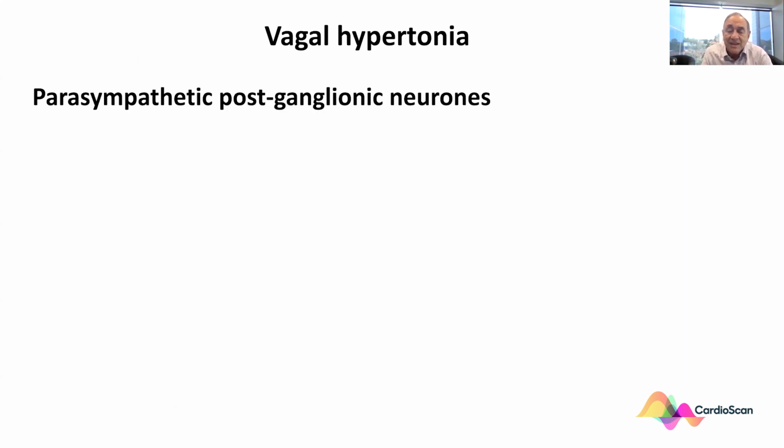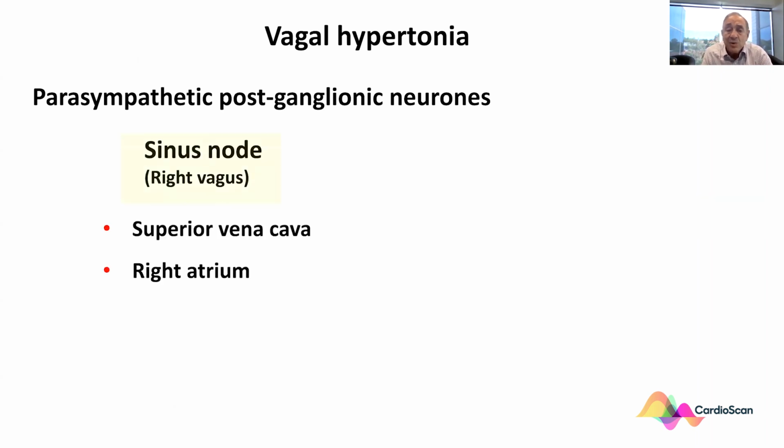The parasympathetic postganglionic neurons. You can see that we have the sinus node. It is innervated by the right vagus, and this is due to these postganglionic neurons lying in the superior vena cava and right atrium and innervating the sinus node.